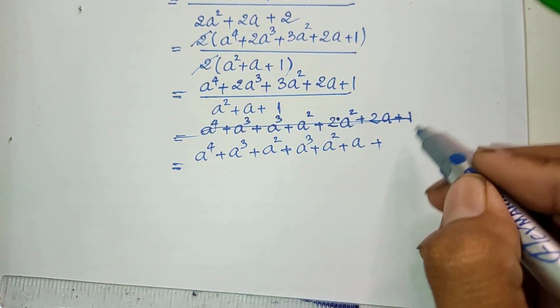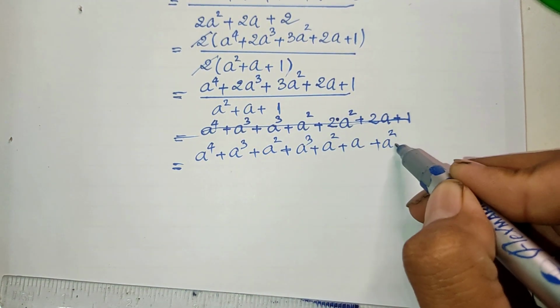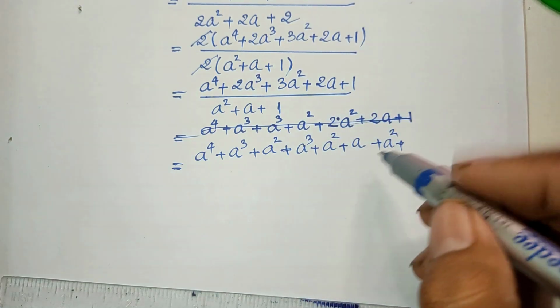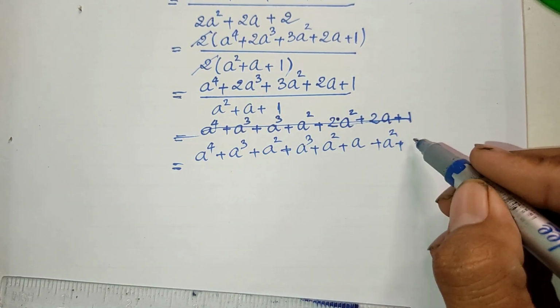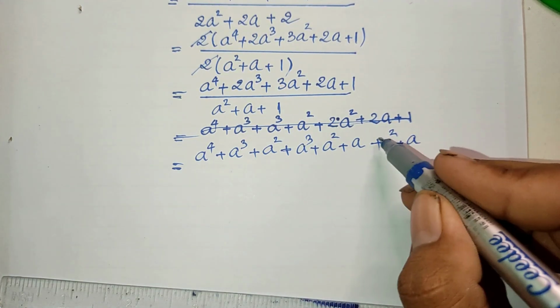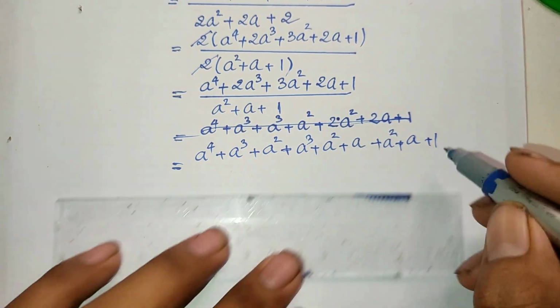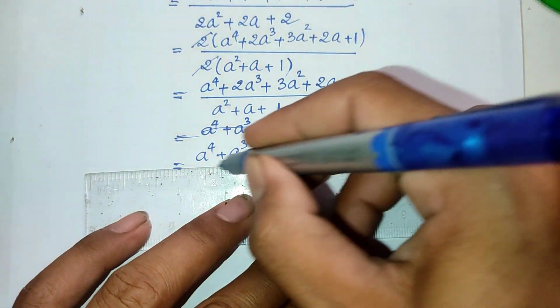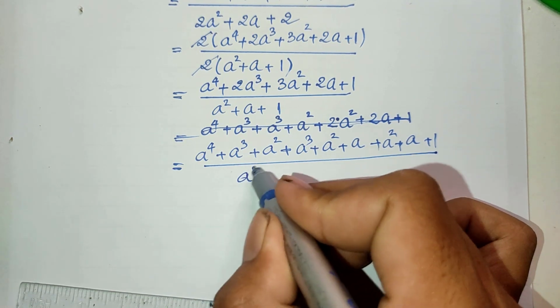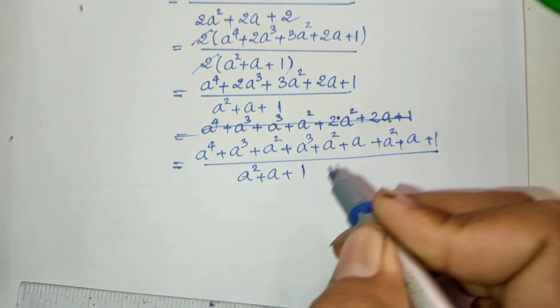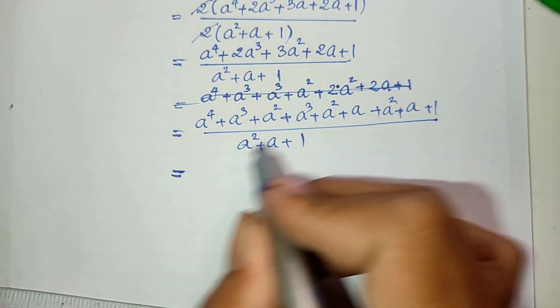So this we have, and now we get 1 a squared, plus a plus a, we get 2a, plus 1, divided by a squared plus a plus 1, is equal to this.